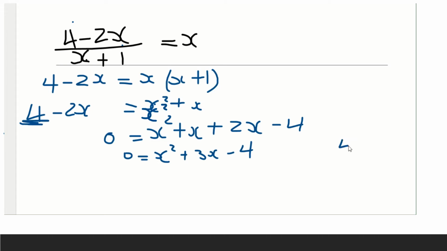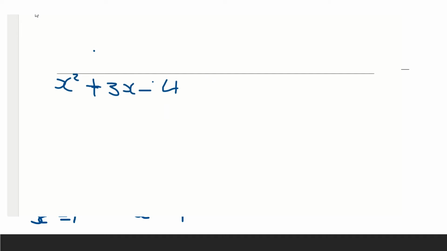And we now need to solve our quadratic equation. So we need to find two numbers that when we multiply we get negative 4, but when we add them we get 3. So think about those two numbers. And of course our two numbers are positive 4 and negative 1.